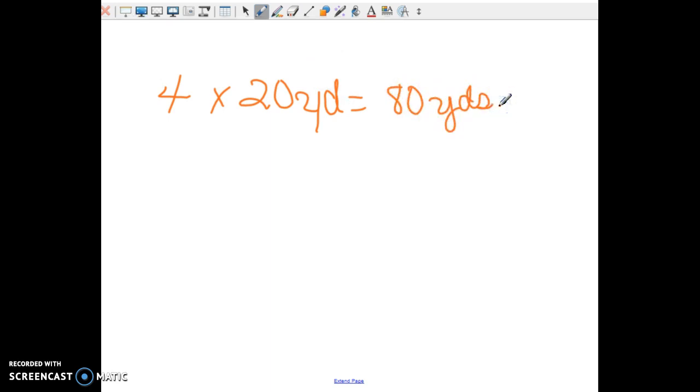Okay, that's your first blank. Since there are 3,520 yards, how many yards in 1 mile? Was it 1,760? Right? 1,760 in a mile, that's yards. So we would have to double that for 2 miles.